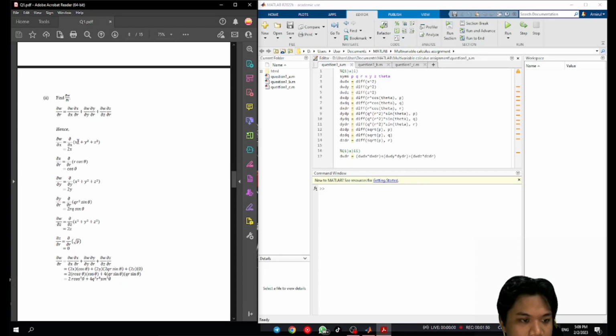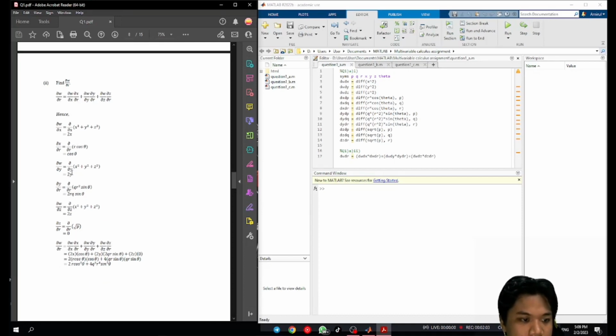Differentiate x equal to 2x. Differentiate r, and then we'll get cos theta only. Differentiate y, you get 2y.